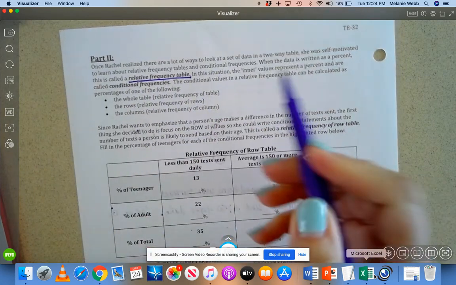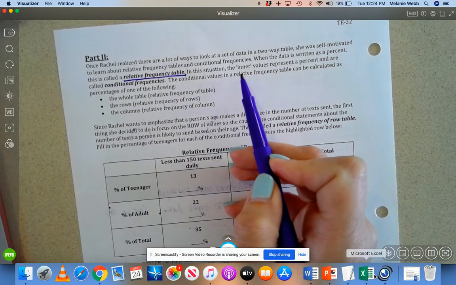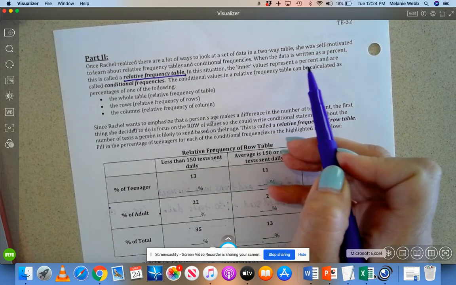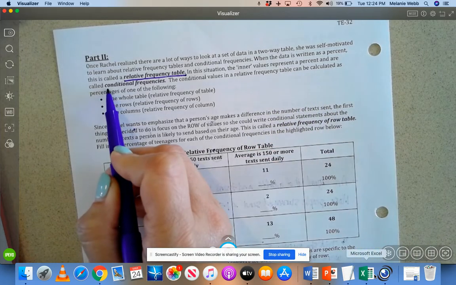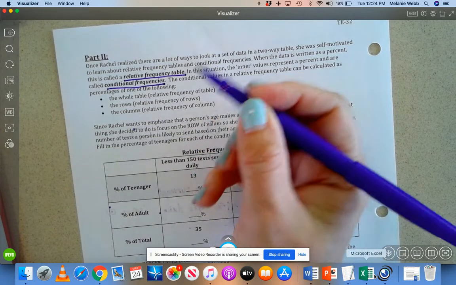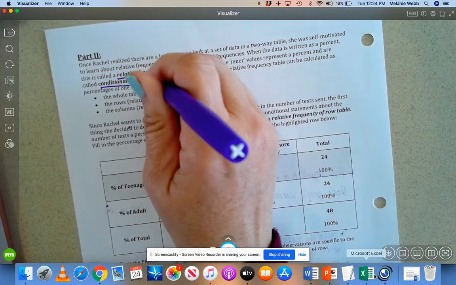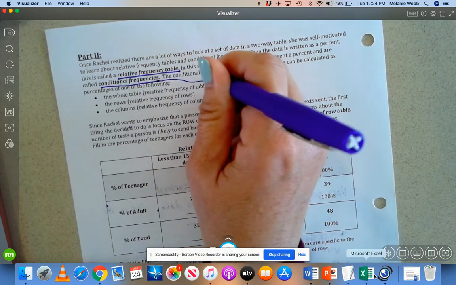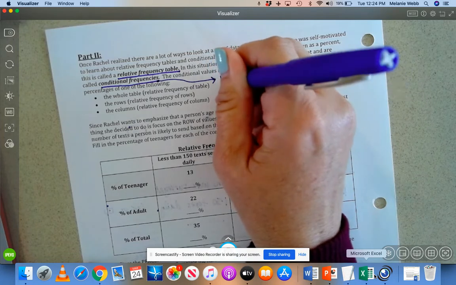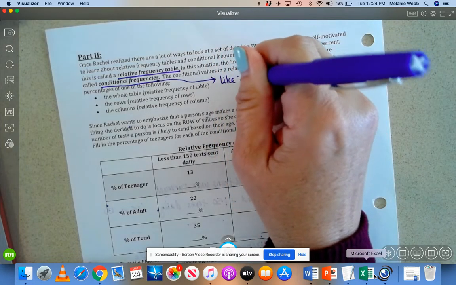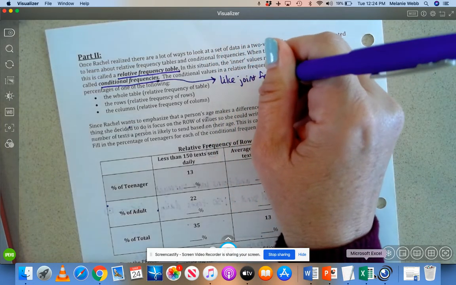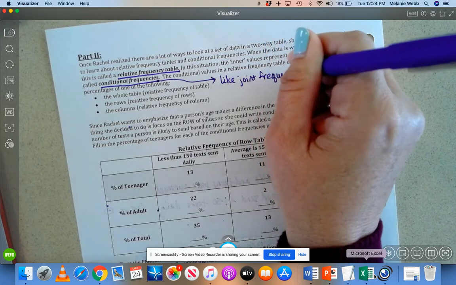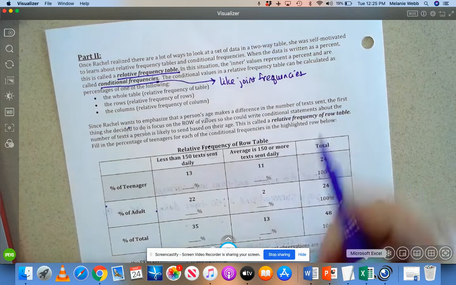In this situation, the inner values represent a percent and are called conditional frequencies. Well, conditional frequencies are like what I introduced before, like joint frequencies. The data in the middle of the table.